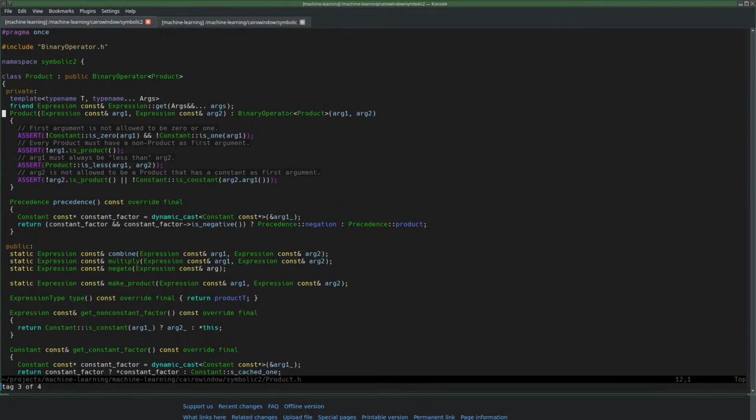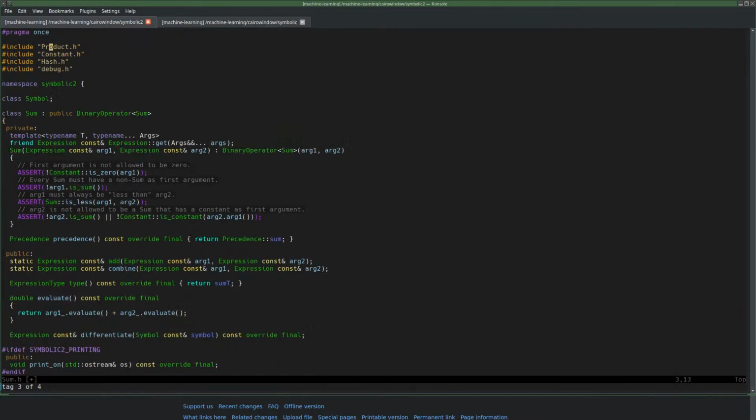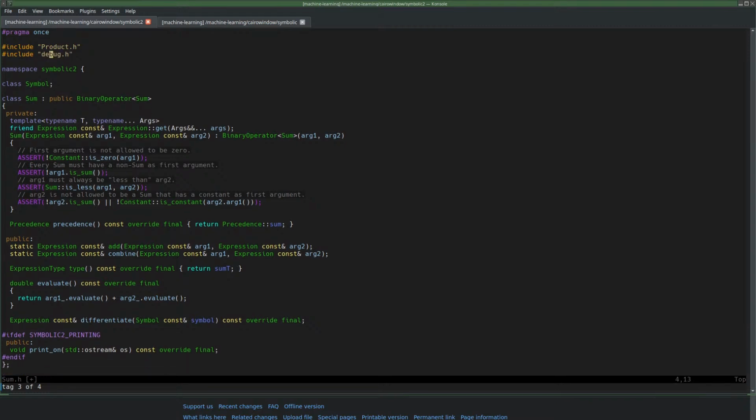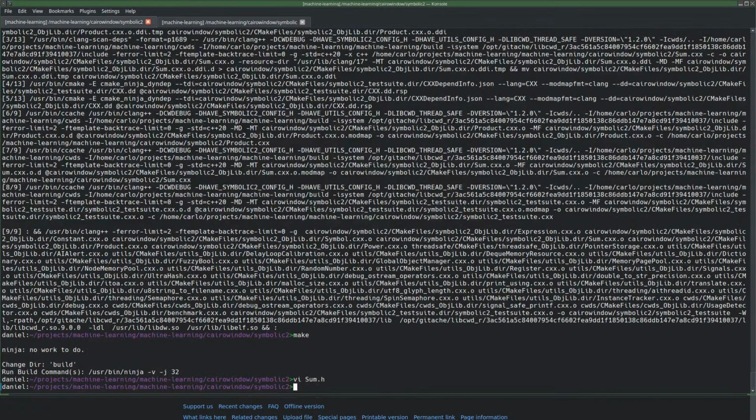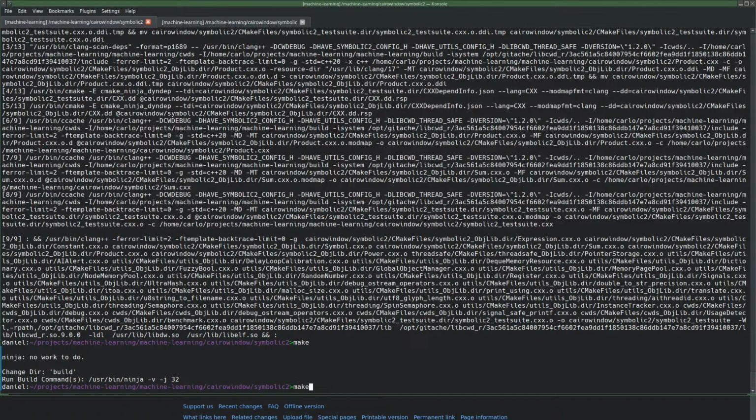So yeah, kind of like symbol, constant expression, and hash. So the sum comes after product, clearly. The symbol is already included as well now. Scary stuff, that's what it is.